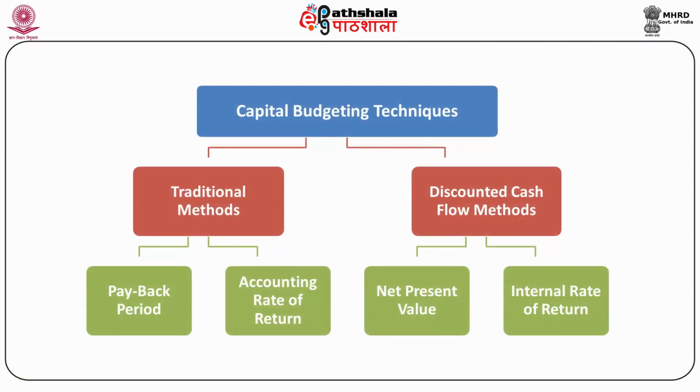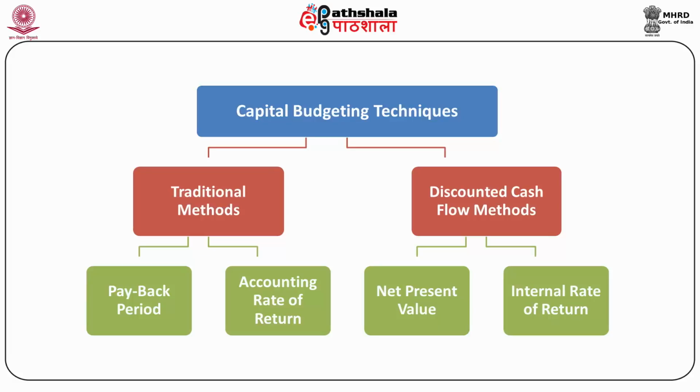There are a number of techniques available for appraisal of investment proposals, and capital budgeting techniques can broadly be classified into two categories: traditional methods and discounted cash flow methods.